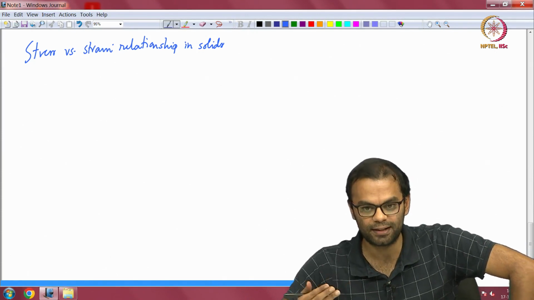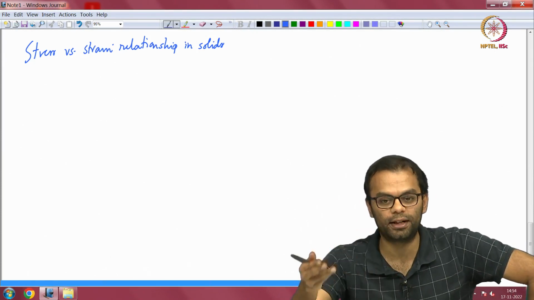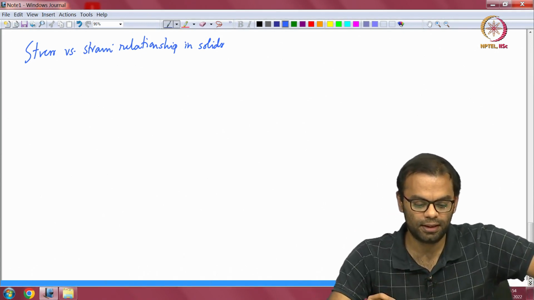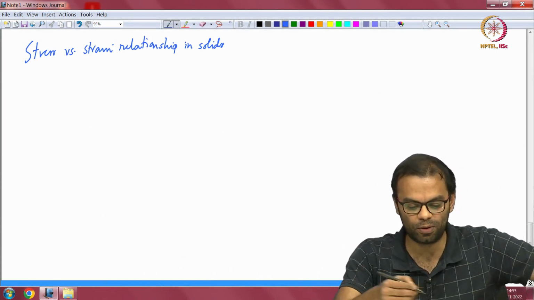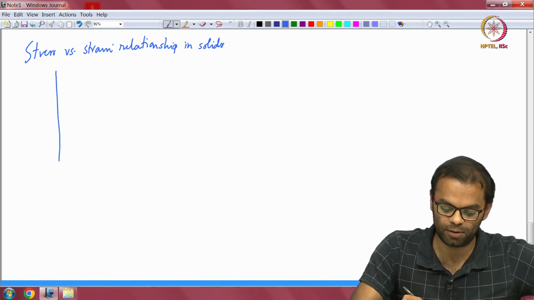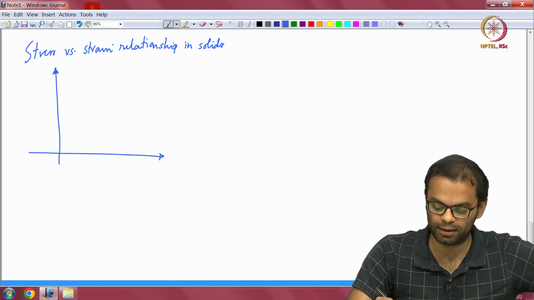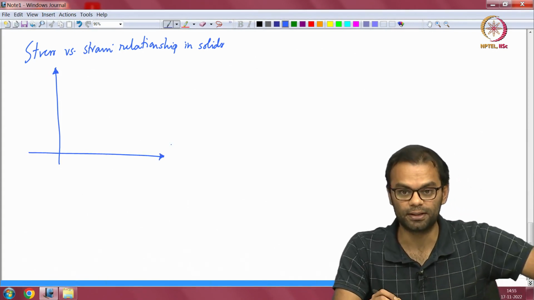So, if you apply a stress, liquids will flow, so they will create a strain rate in response, compared to solids. But let us take a look at a typical what is called a stress strain curve, right. Again this is something you have probably seen before, but just in the interest of completion I am going to put it out so that we know that everybody is on the same page.